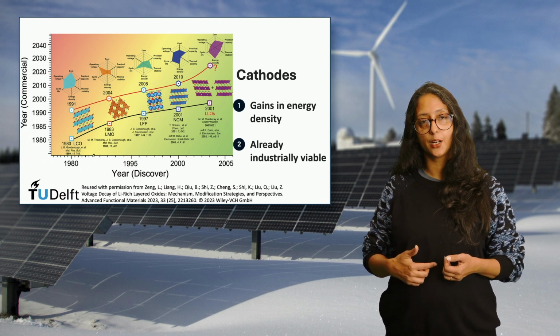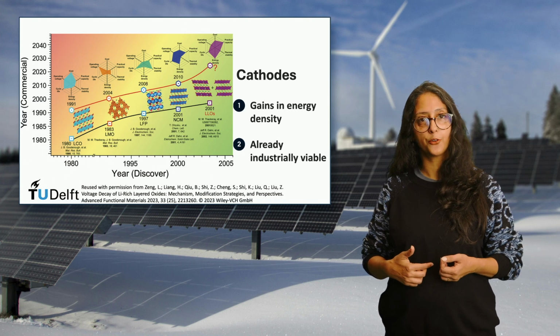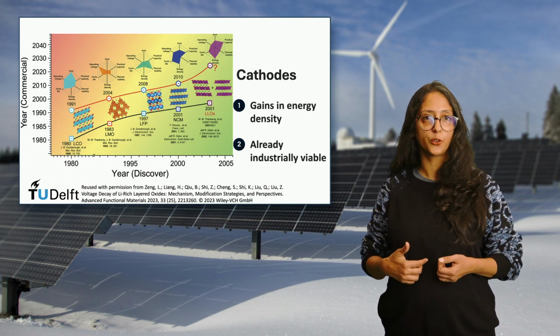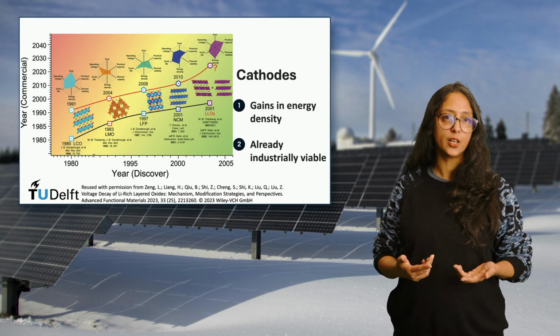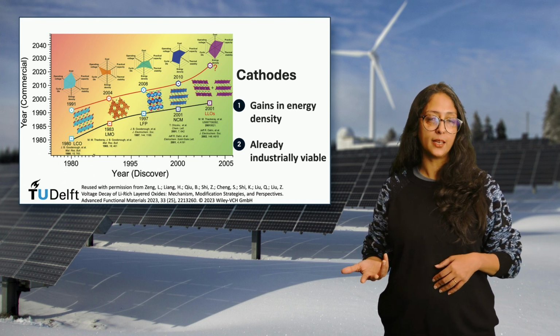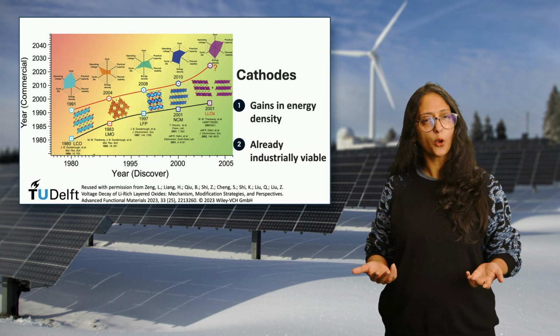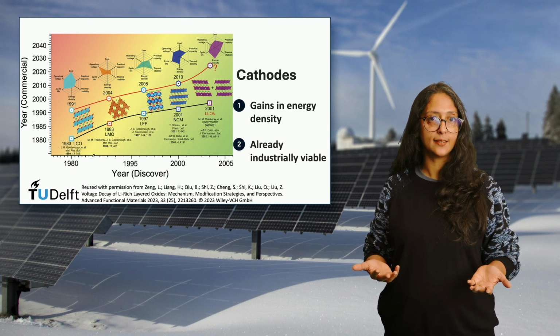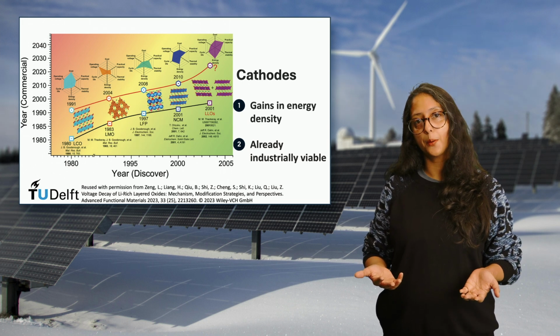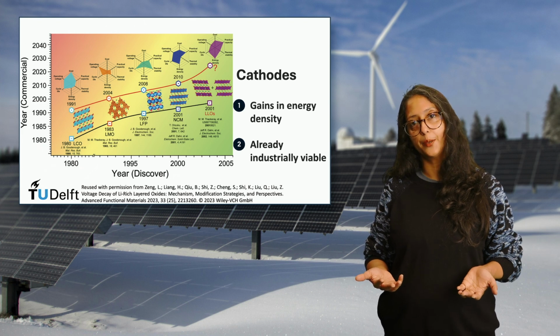The main cathodes that are currently used in lithium-ion batteries, moving on from the lithium cobalt oxide or LCO that was initially used, are lithium nickel cobalt manganese or aluminum oxides, more commonly called the NCM, NCA type cathodes, and lithium iron phosphate or LFP.